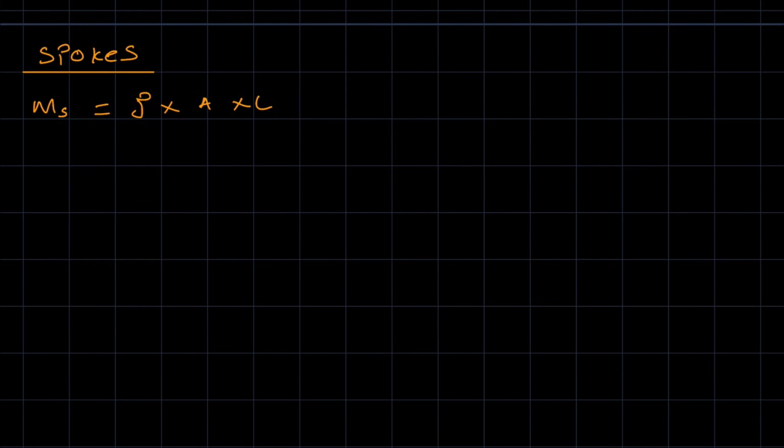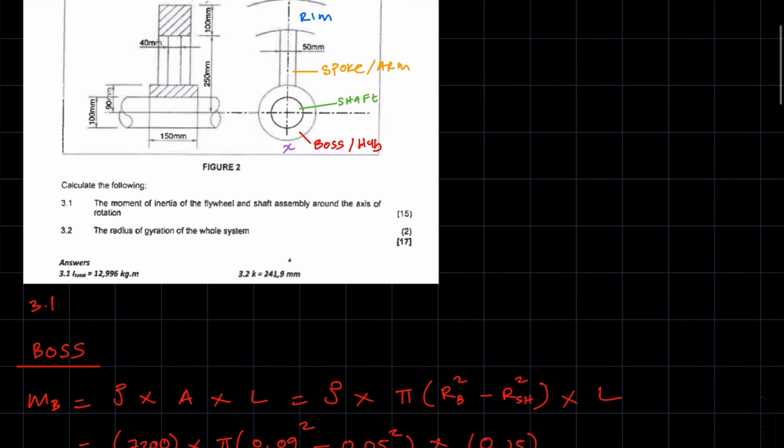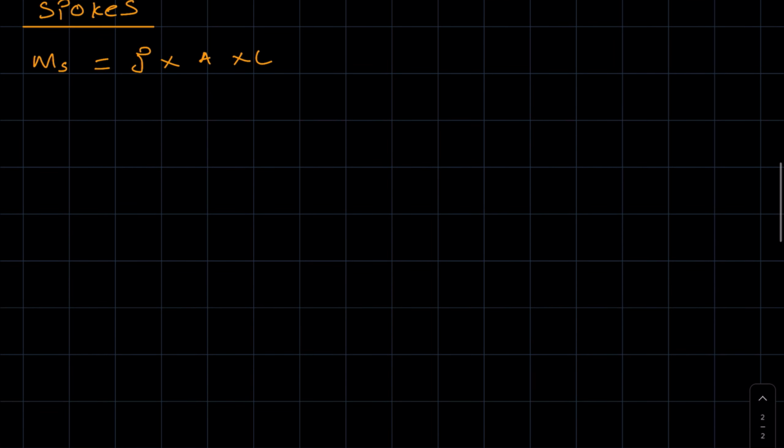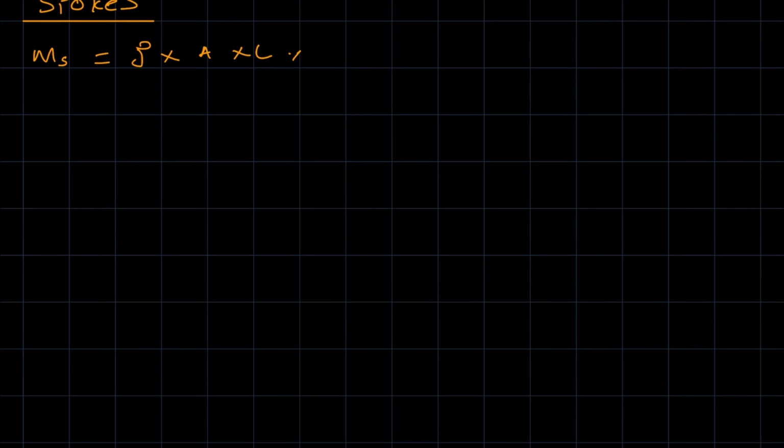Now we get a number of spokes. As indicated in the statement, they said the flywheel has six elliptically shaped spokes. So we have six spokes, and the number of spokes we use in calculating the mass. So here you would then say times number of spokes.